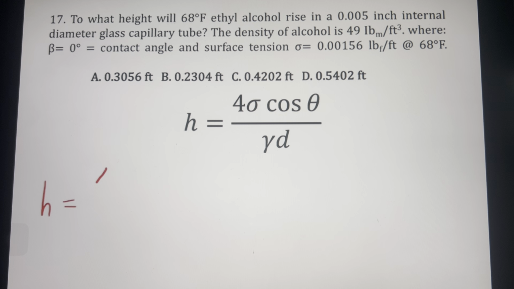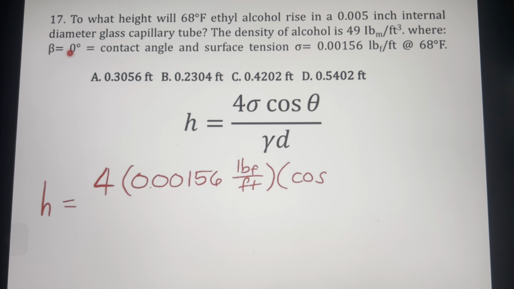That will be 4 times our surface tension, 0.00156 pound force per feet, multiplied by cosine of our contact angle, which is 0 degrees, divided by our gamma, or the specific weight of this fluid, which is ethyl alcohol.